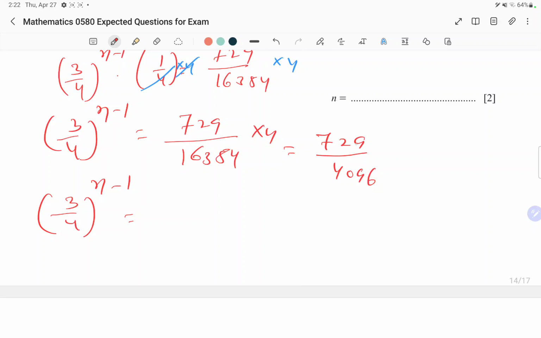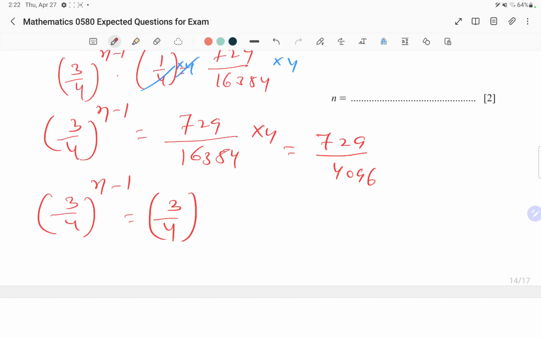Now this is (3 over 4) to the power n minus 1, and this is definitely 3 over 4 to the power something, but we don't know what. So we can use the hit and trial method. Just write 3 over 4 to the power, can we check with 6? I got 729 over 4096.